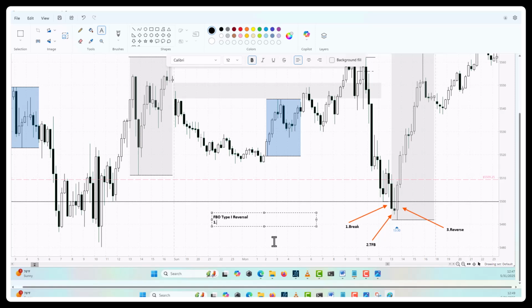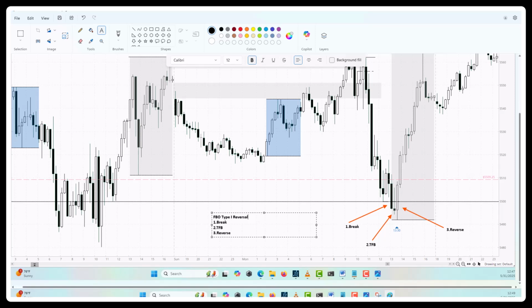Yep, you have a break, you have a test from below. Sometimes the test from below can happen more than one time, but in this case it's just one time, which is good. It should be good enough. And then reverse. So it's a reversal.